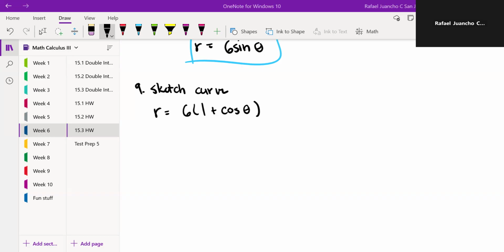Whoa, this is more tricky than I thought. It is definitely a hard shape.